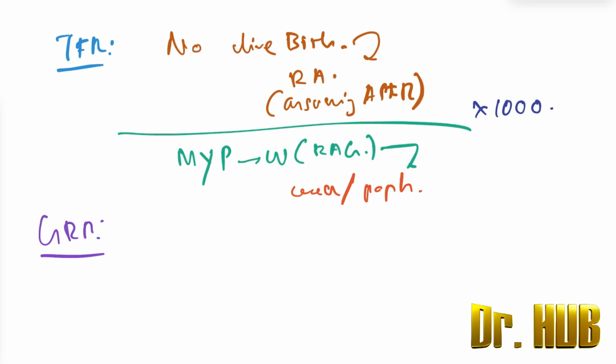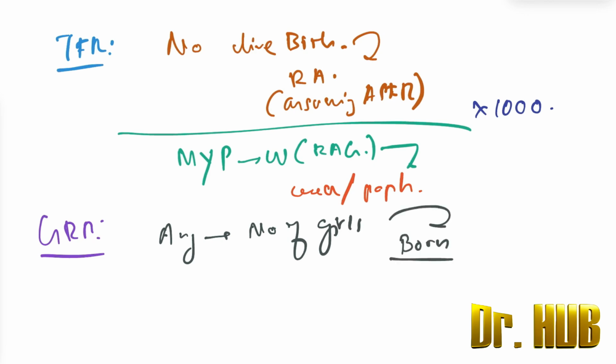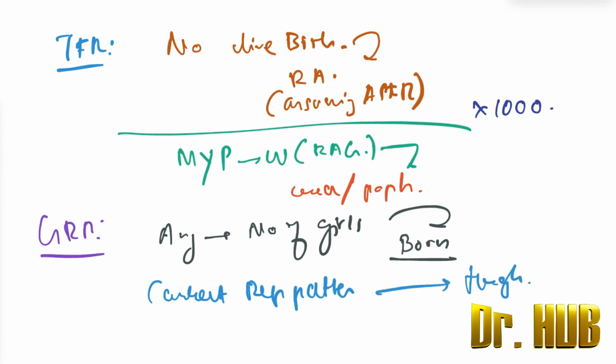The gross reproductive rate is the average number of girls that would be born to a woman if she experiences the current fertility pattern throughout her reproductive span, assuming there is no mortality.